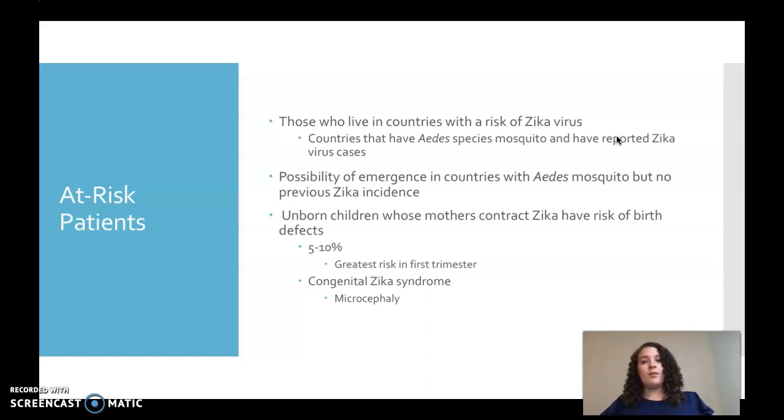So if the mother gets the Zika virus in the first trimester, there is more of a likelihood that her child will have birth defects than if she contracts the disease in the second or third trimester. These birth defects are known as congenital Zika syndrome, and the most concerning birth defect is microcephaly.